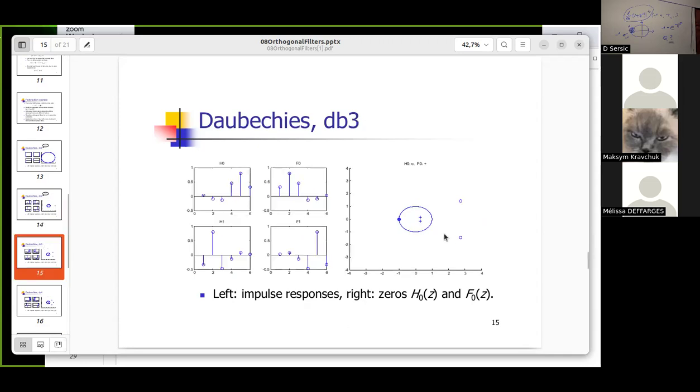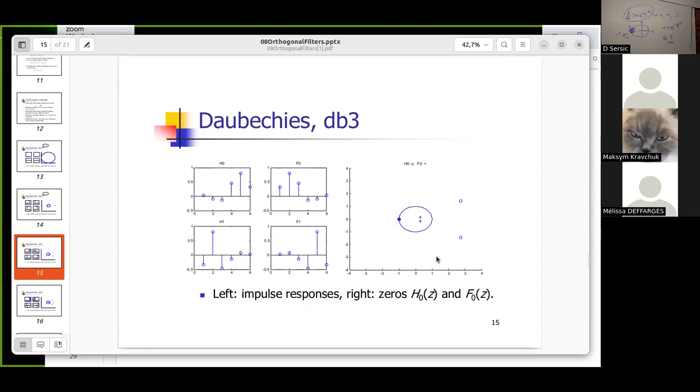What happens with 3? Again, we have 6 zeros right here, and 3 will go to one side, 3 will go to the other side. But right now the Q polynomial is of fourth order. It has 4 zeros. Since this is a real polynomial, they always appear in conjugate pairs. 2 are inside and 2 are outside, and they are at reciprocal positions.